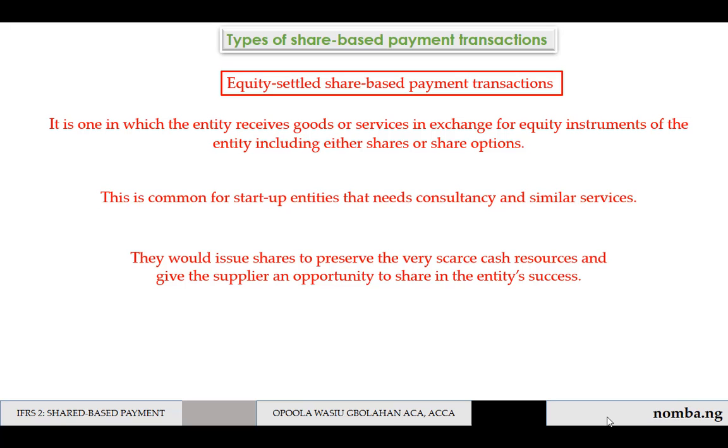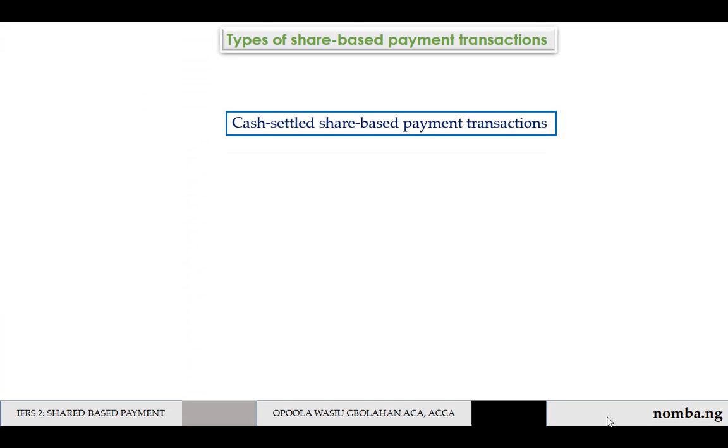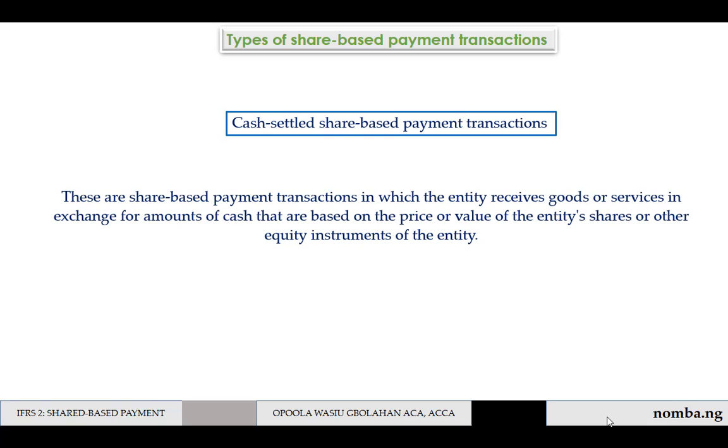That is equity-settled. Now, we also have cash-settled share-based payment transactions. These are share-based payment transactions in which the entity receives goods or services in exchange for amounts of cash that are based on the price or value of the entity's shares or other equity instruments of the entity.